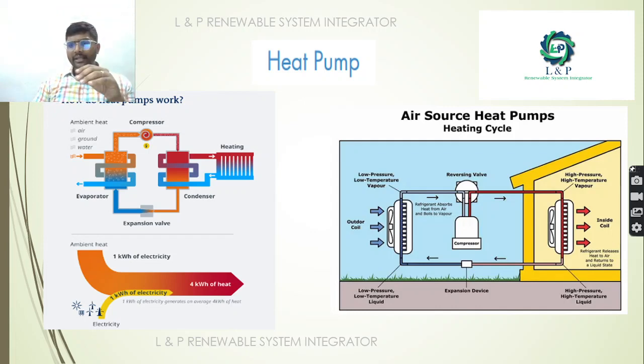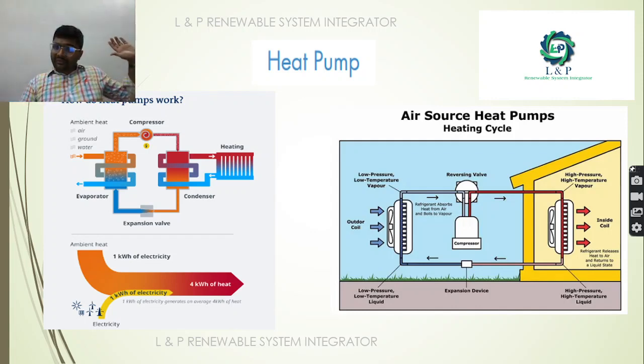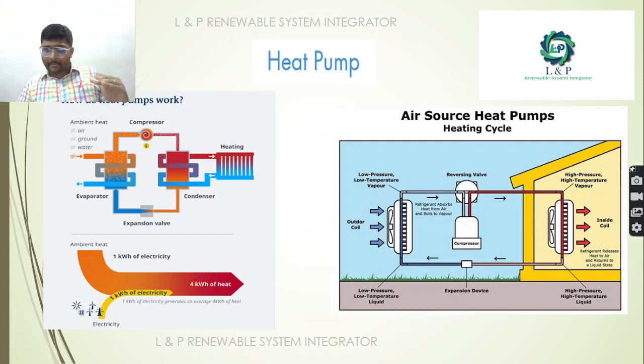Most importantly, if you want to perform a heating cycle and establish heat inside a room, with the help of the outdoor coil and the low pressure, low temperature vapors, it will take the heat from the air and boil it to vapor.